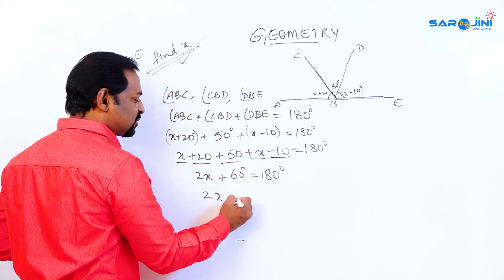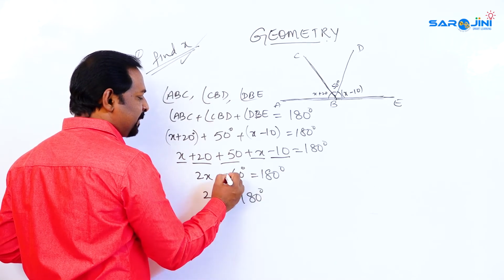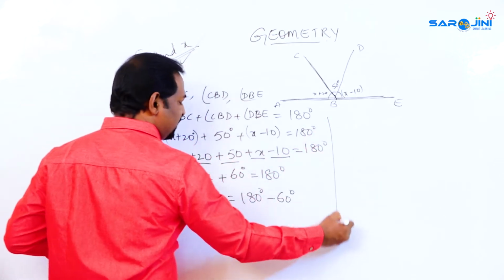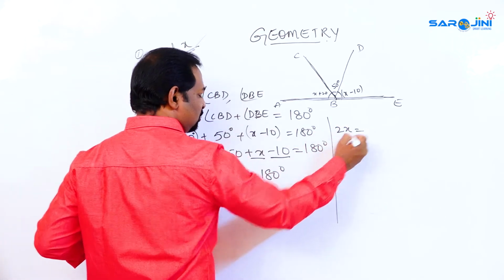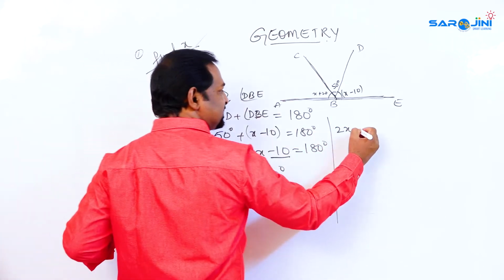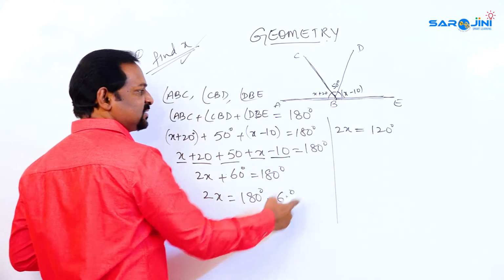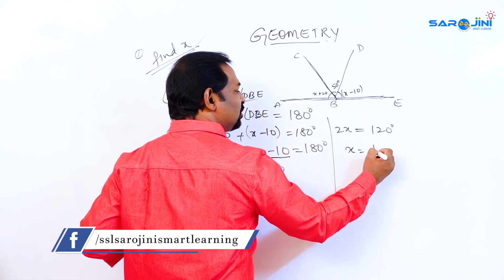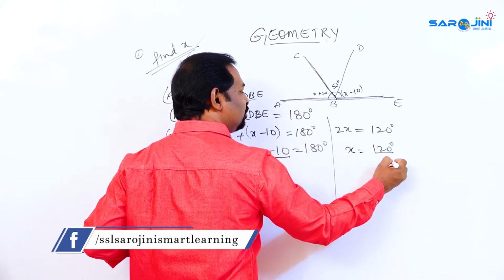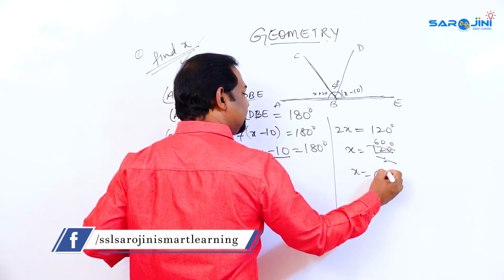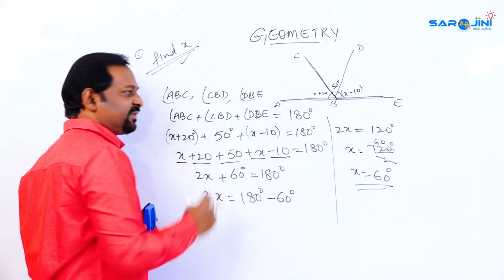So 2x is equal to 180 minus 60, which is 120 degrees. So x is equal to 120 by 2. 2 6s are 12, so x is equal to 60 degrees. In this way we can find it.